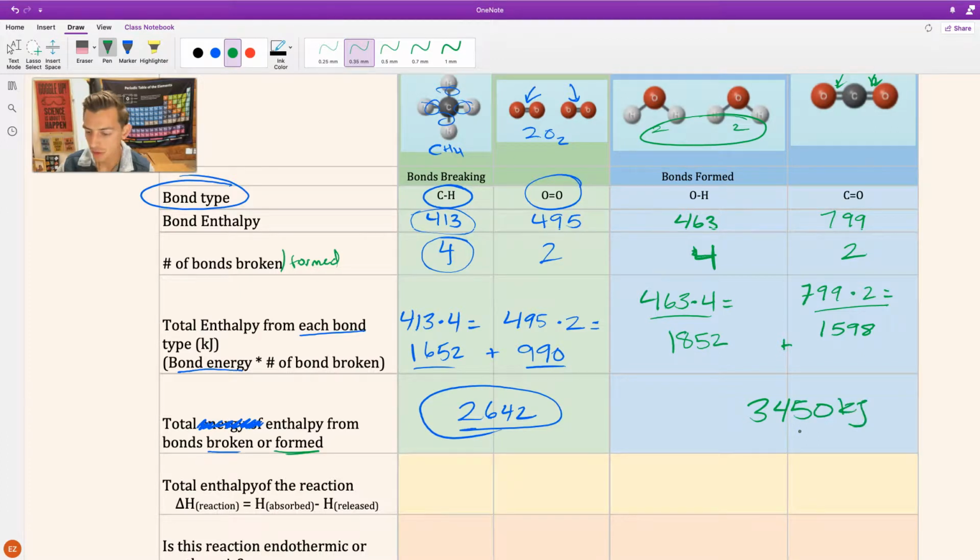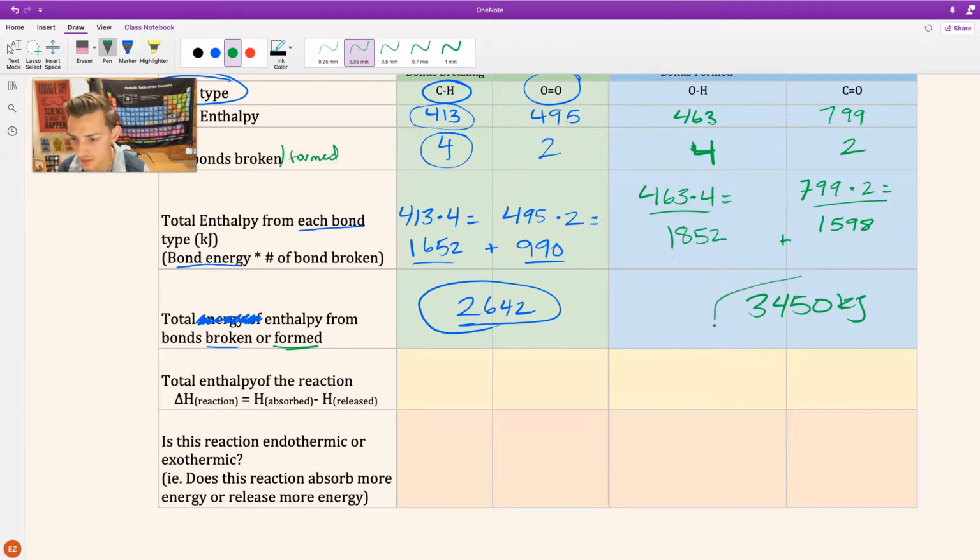If I compare these two values, I can already see that forming produces a lot more energy, this is the released part, than the amount that was absorbed to break the bonds. So I can tell I'm going to have more released than was absorbed. But I'll go ahead and do my math here so I get a good value.